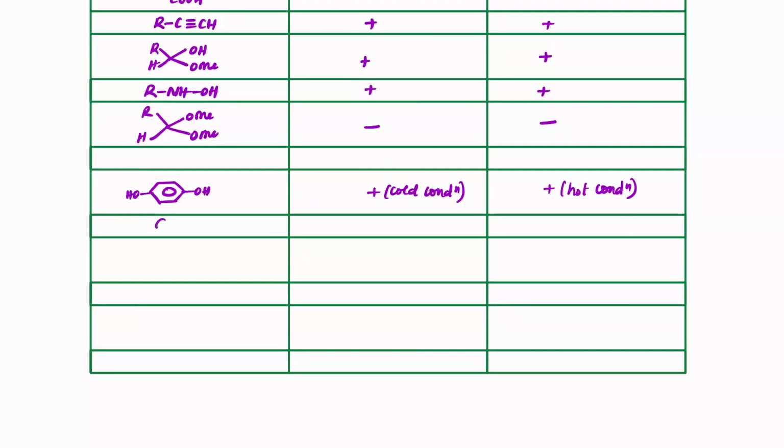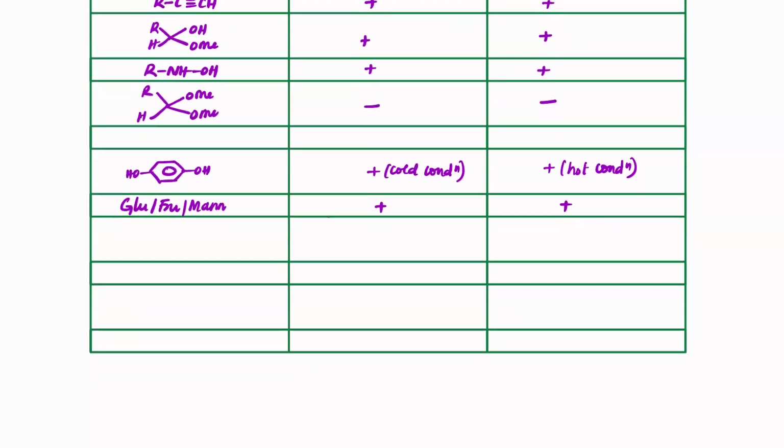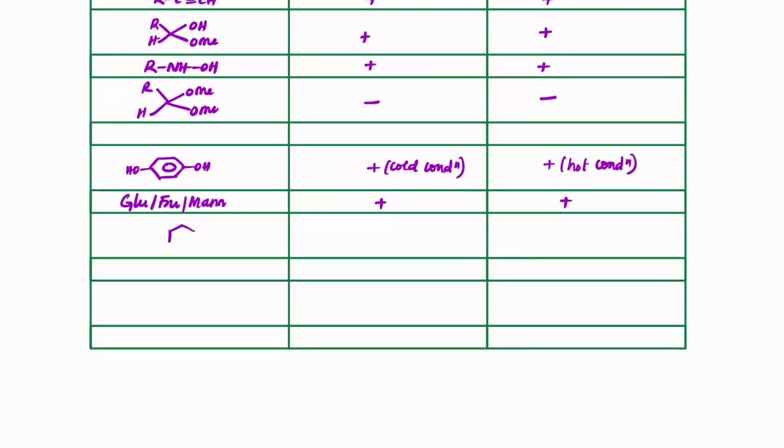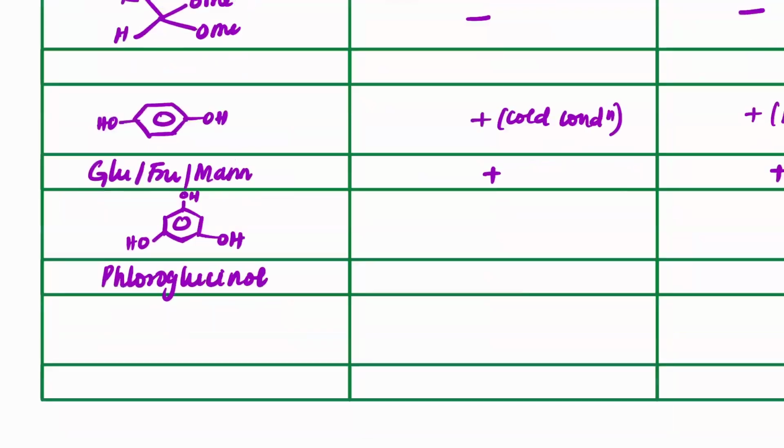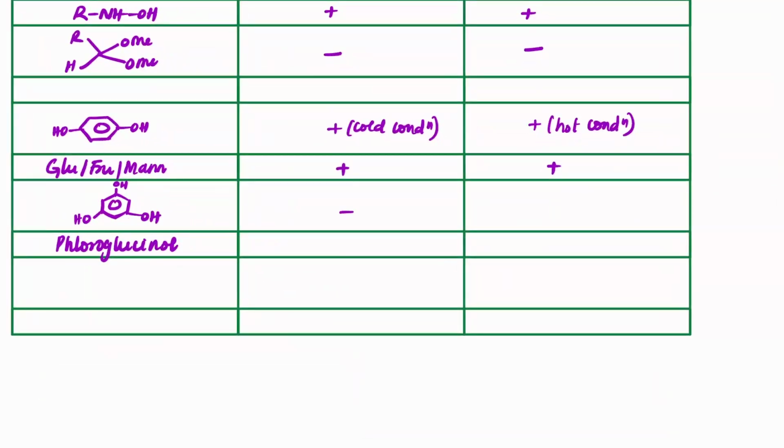Next, you can see glucose. Write down this as glucose, fructose, mannose. They all will be positive and positive. Okay. Next, in case you have OH, OH, and OH, three OH groups, this is called phloroglucinol. Phloroglucinol will also give a positive and positive test here.